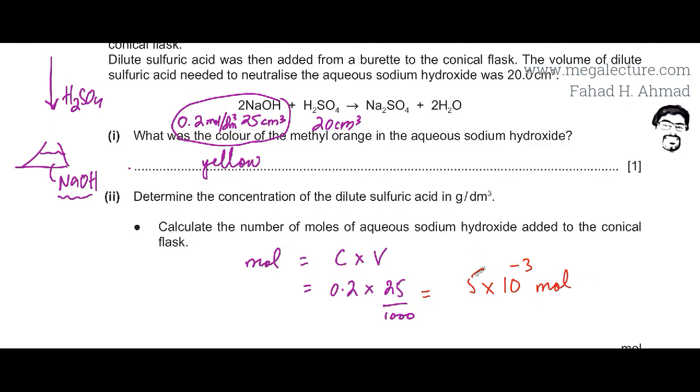The better answer would actually be 5.00. Remember to use the correct significant figures, because if you look at the question, you would notice that all the values are given up to 3 significant figures. That shows you accuracy. 20.0 means that you are accurate up to the first decimal place, or the third significant figure.